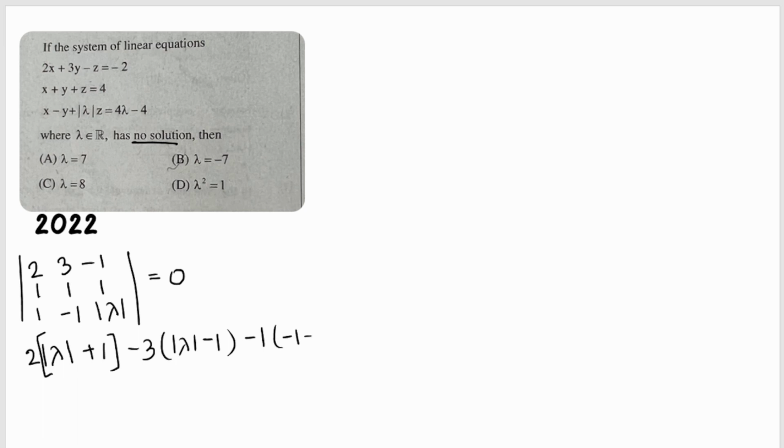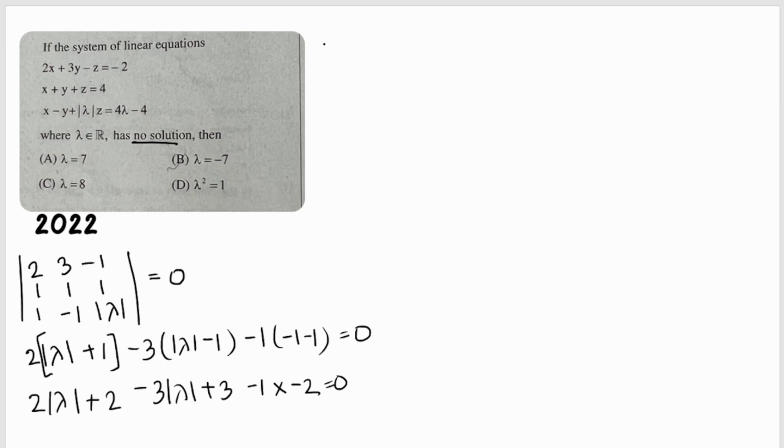Again minus 1, minus 1. Looks confusing, right? Okay. 2 into mod lambda plus 2. Then you have minus 3 mod lambda plus 3. Then you have minus 1 into minus 1 minus 2.